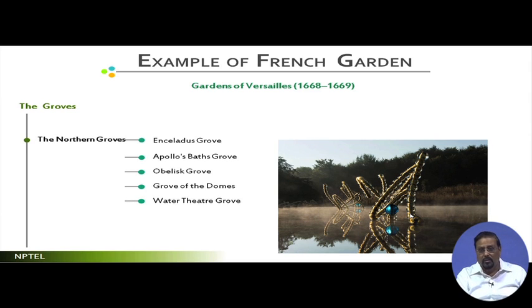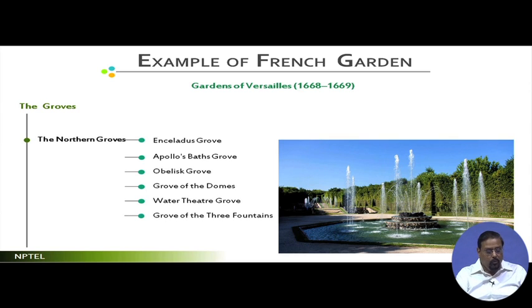And then we have the water theatre grove. These are slightly contemporary examples, because all these landscape styles that we are reviewing, even historically, we are still watching what is happening to them. We are finding that all those landscape styles are still persisting, and they are also undergoing very silent evolutions, where current art forms and installation arts are coming into this landscape and adding to its beauty. So, the water theatre groves, and then the grove of the three fountains.